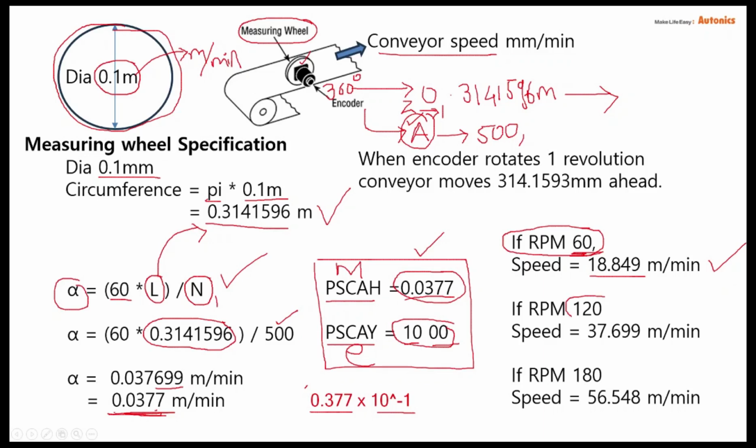If I keep RPM as 120, my speed should be 120 into 0.0377, that comes out to be 37.699 meters per minute, and similarly for 180 it should be 56.584 meters per minute. So let us re-verify this. Let us do the configuration in the pulse meter and check whether we get the correct speed or not. Let us first verify that we have these two values set in the pulse meter, 0.0377 and 10 raised to 0.